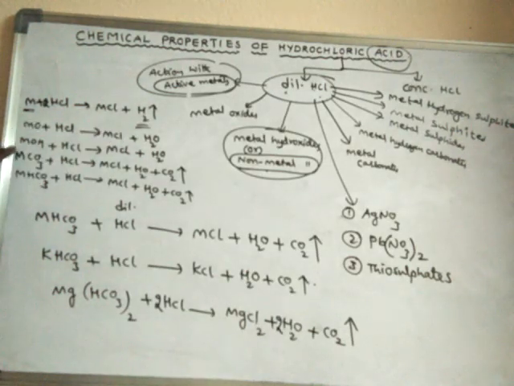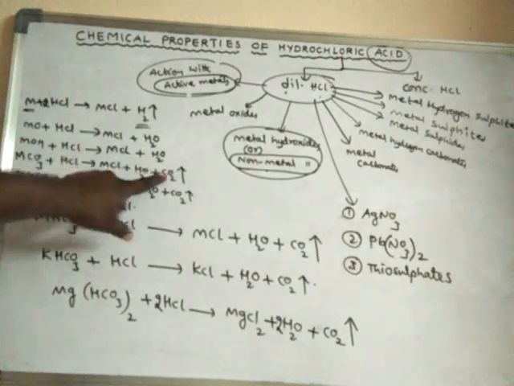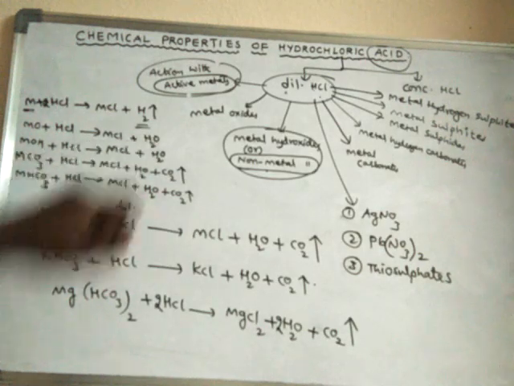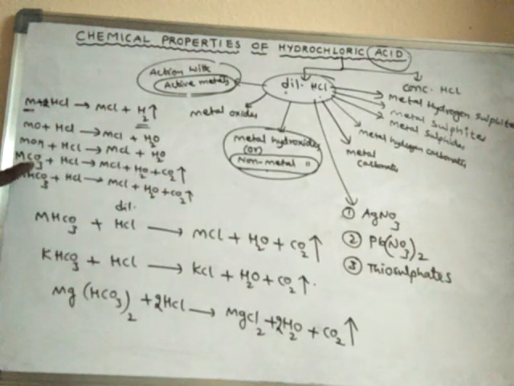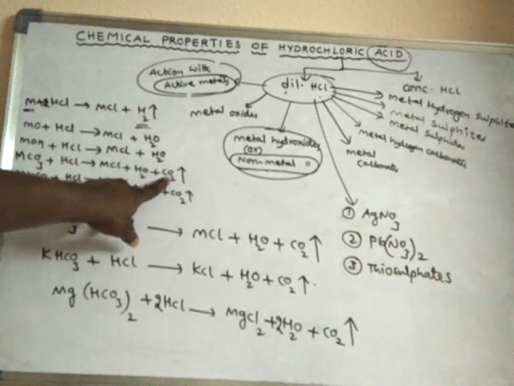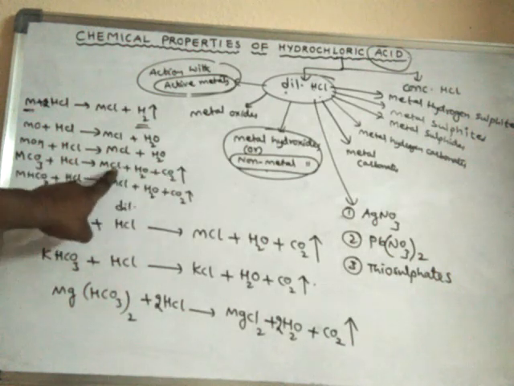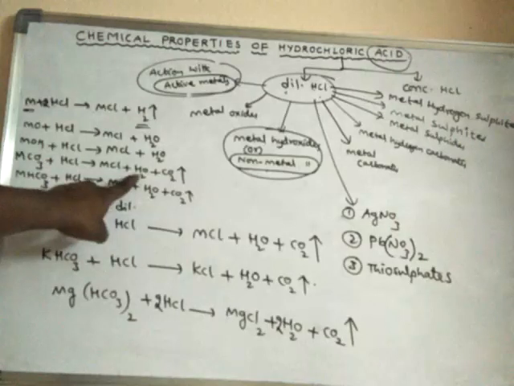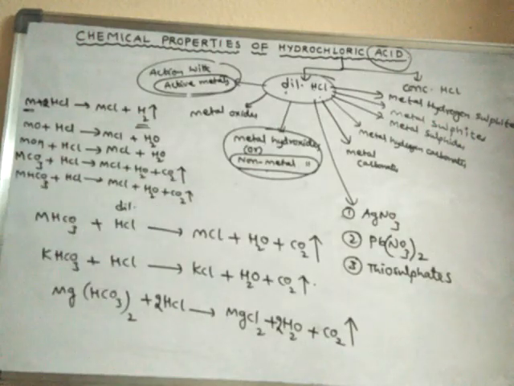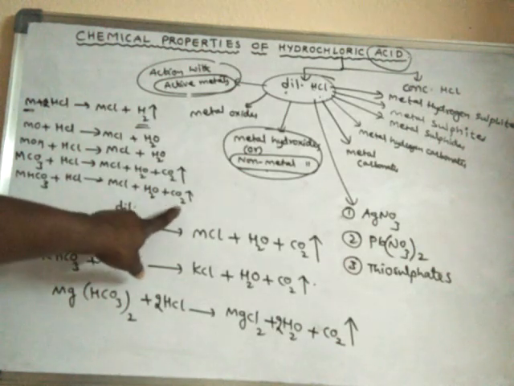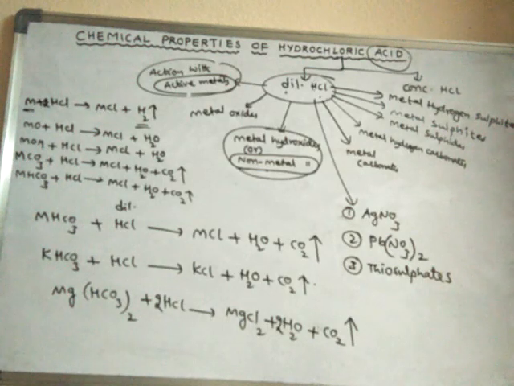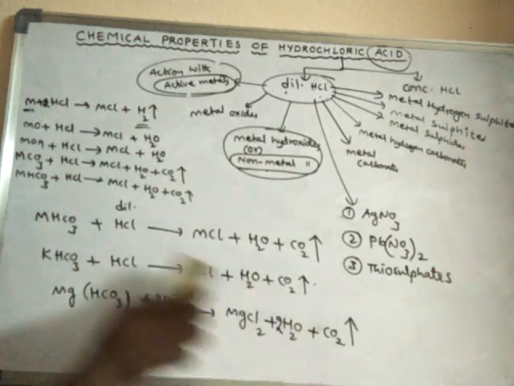But with all other substances, water is evolved. With carbonates, carbon dioxide is formed in addition to metal chloride and water. Even with metal bicarbonate, carbon dioxide gas is evolved.